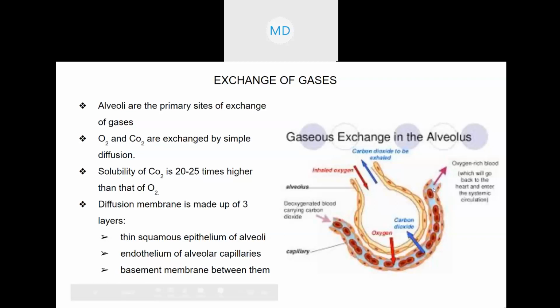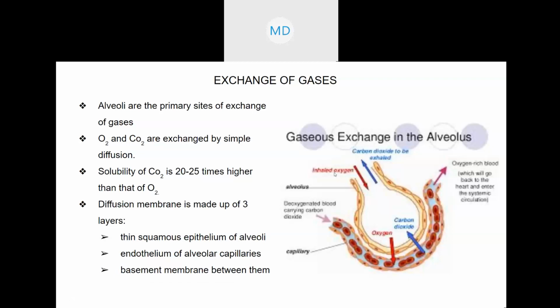Then the carbon dioxide carried through this blood will get inside the alveolus, inside the air sacs. When the impure blood goes through this capillary, the carbon dioxide will get inside the alveolus.